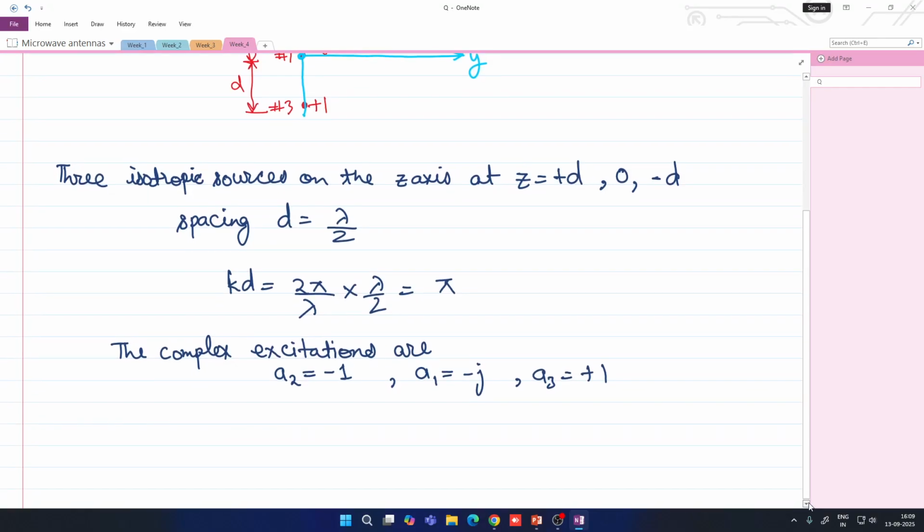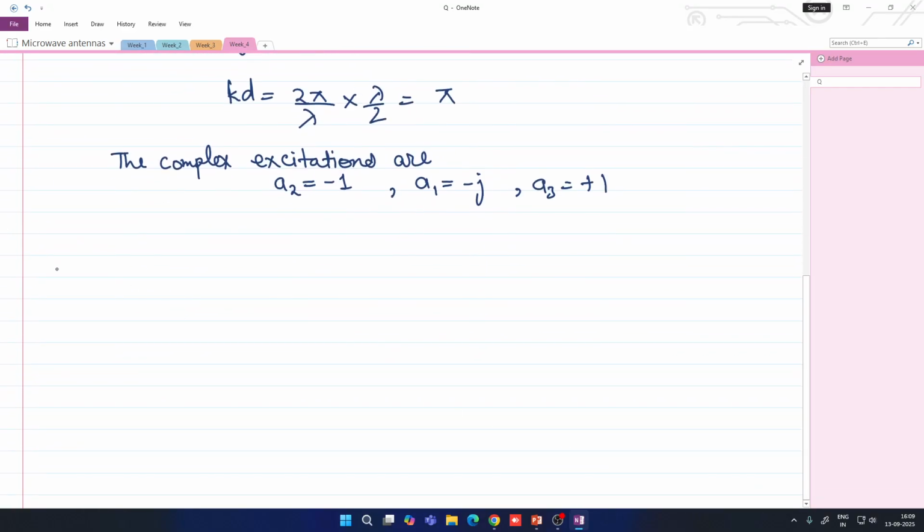So in problem 1, first we have to find the array factor.